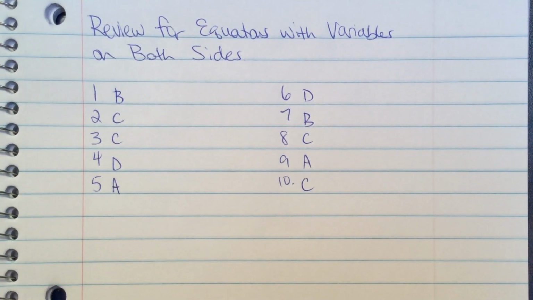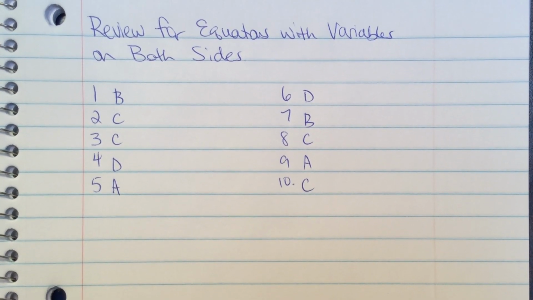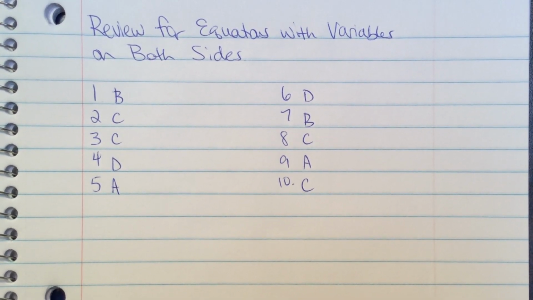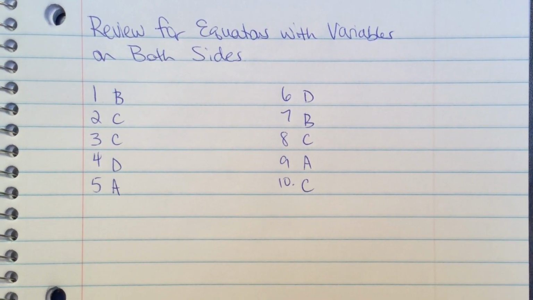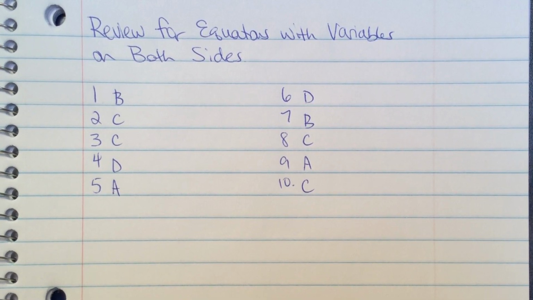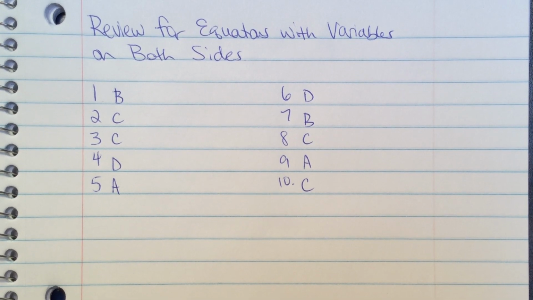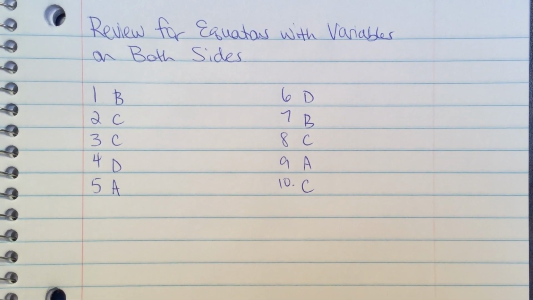All right, these are the answers, so grade yourself. If you missed any of them, then play the video and I will work out all 10 questions. Check the solutions, see where you messed up. If you still, after watching the solutions, can't figure out where you messed up, then raise your hand and I will answer any question that you have.